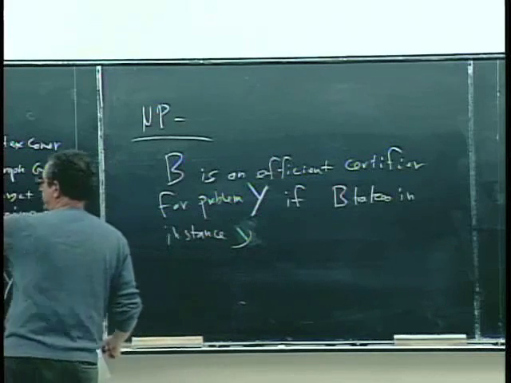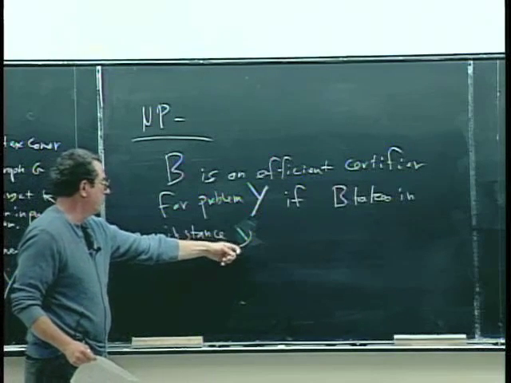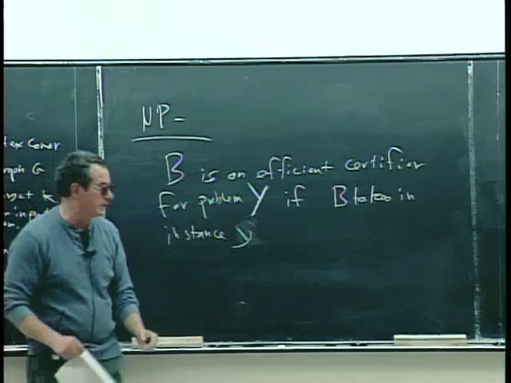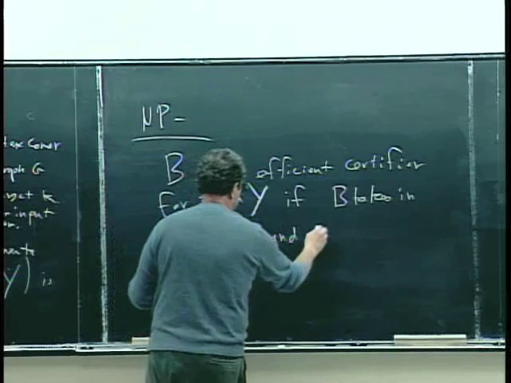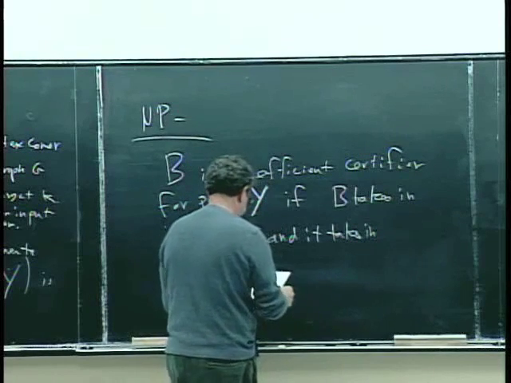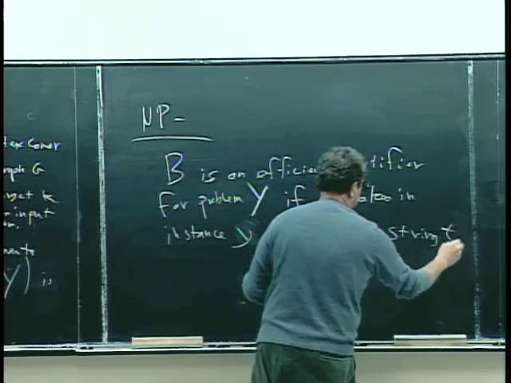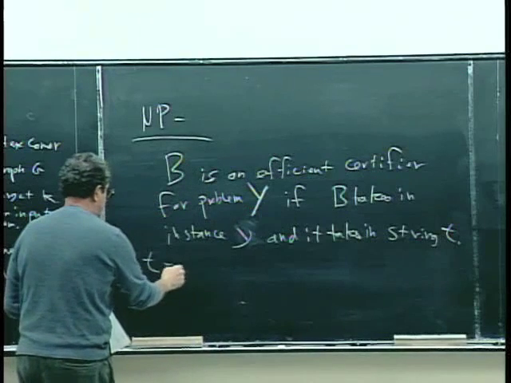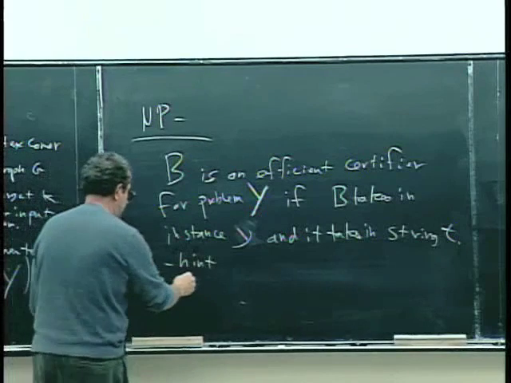If we're looking for the decision version, an algorithm that decides it, it would want to know whether little y is in capital Y. But a certifier doesn't answer that question. What a certifier does is this: it takes in the instance, and it takes in a string, call it little t. Now, that string t is sometimes called a hint. It's sometimes called a certificate.